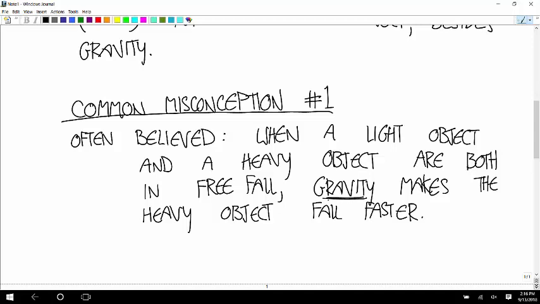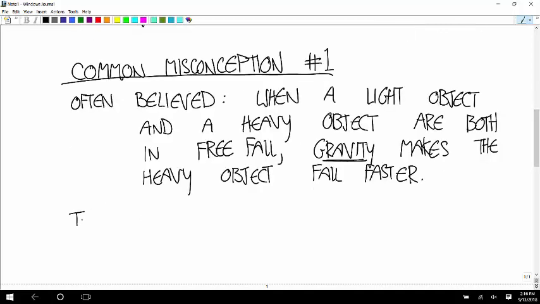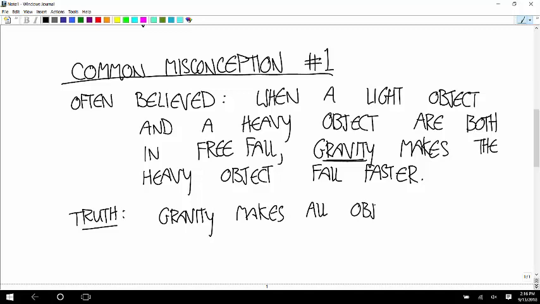But the key thing to understand is that it's not gravity that does that. The truth is that gravity makes all objects fall the same way regardless of their weight.